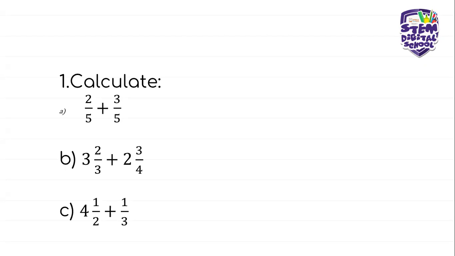Yes, I want to agree with you there. The other one, Tando, also got 4 and then 5 over 6. The same goes for Amra. I fully agree with you that all you need to do is multiply 2 by 4 in the first instance here, and 2 times 4 is 8, and then 8 plus 1 is 9. So you left with 9 over 2 plus 1 over 3.